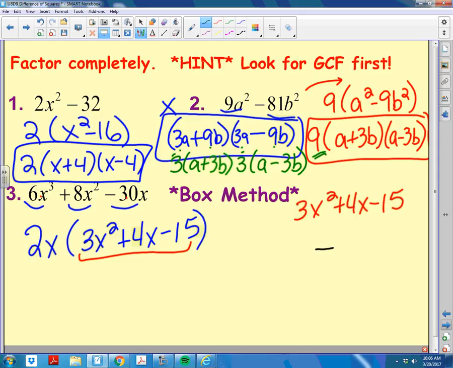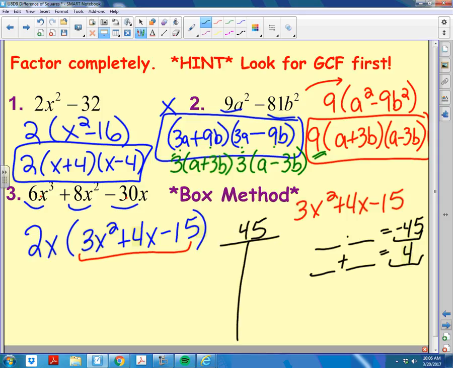A times C. Because whatever A times C is has to be this guy, and B has to be this guy. So this is 4. A times C is negative 45. So I'm looking for factors of 45 that when added together get me positive 4, and when multiplied get me negative 45. So I use my little trick.